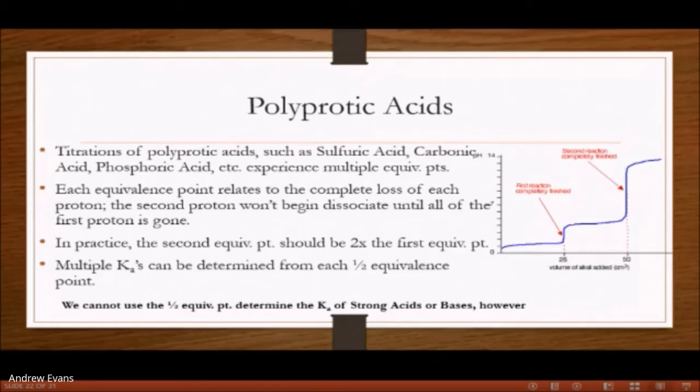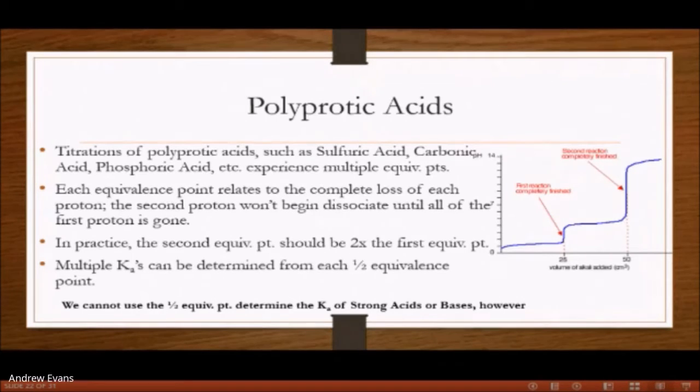And for that reason, we're going to see 2 equivalence points or 3 equivalence points depending on how many protons can be lost. The equivalence points should be approximately double and triple each other. So if it took 25 mL to remove all of the first proton, it will take 50 mL to remove all of the second proton.